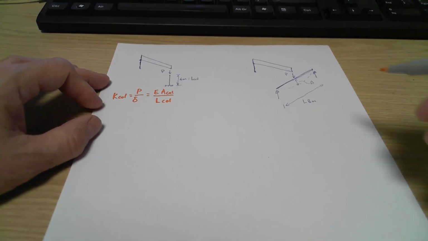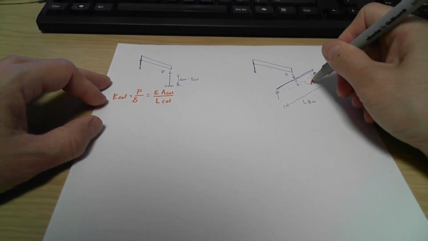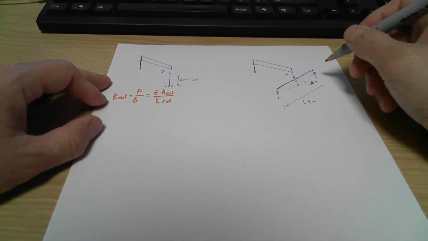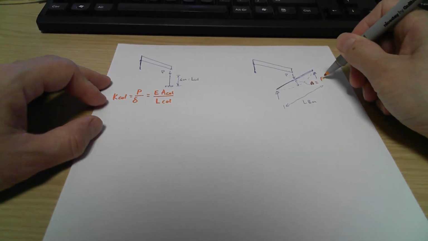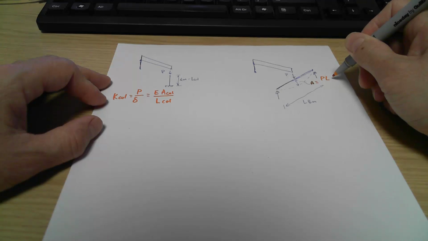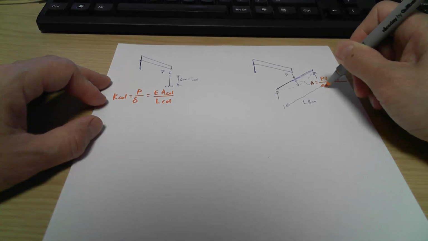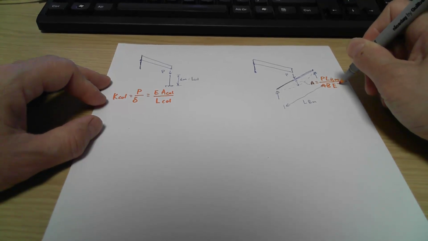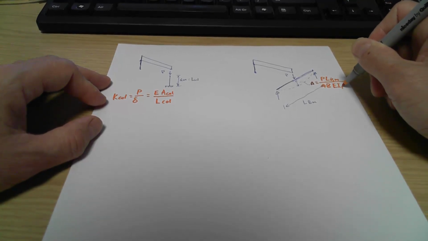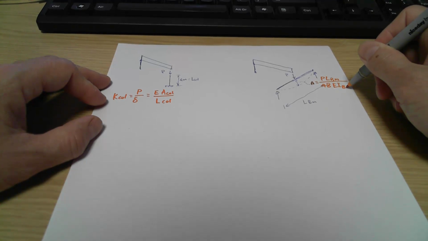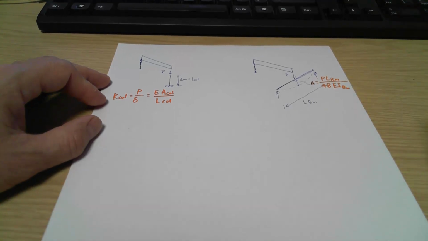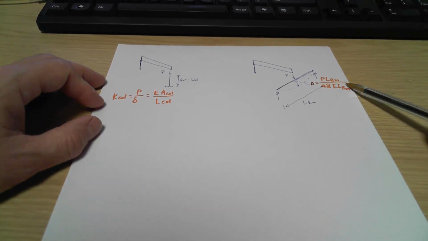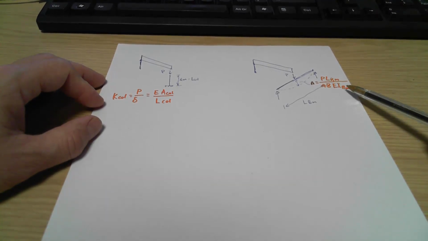From the second year study using the Macaulay method, we already proved that this should equal PL, where L is the length of the beam, divided by 48EI. I is the second moment of area for the beam, and that information is linked with the size of the beam. So that's what we're looking for.